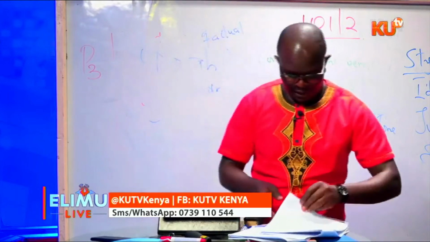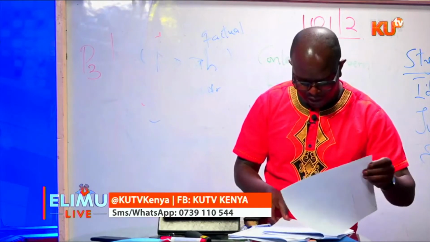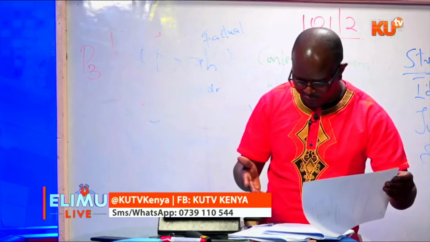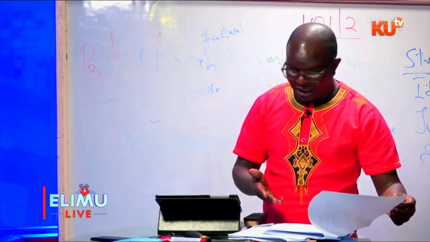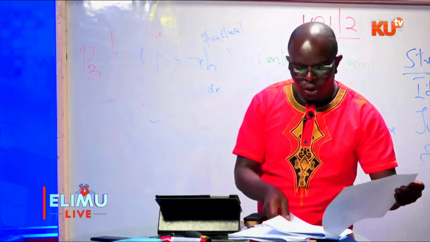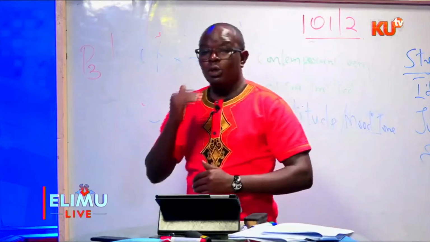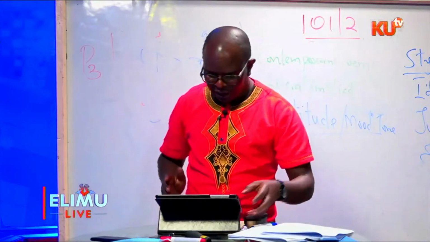Semantics. KCSE 2020 had something on semantics. Explain the meaning of each of the following words. Nagged. And then we had sell. It can also be tested on application. We say, what lesson can we learn from this poem? It's good to note that when I talk about poetry, the lessons must be stated in the positive.